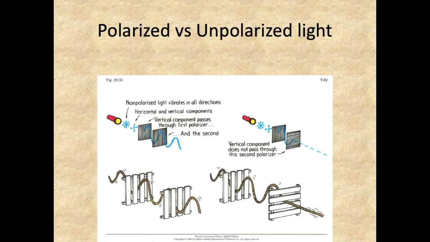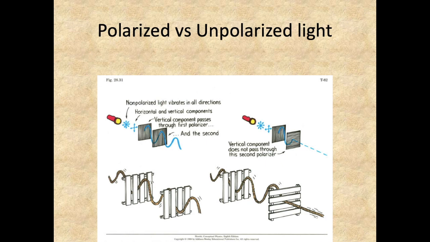The first thing we need to understand is the difference between polarized and unpolarized light. We have an image given here to show how unpolarized light is modeled. Remember that electromagnetic waves are oscillations of the electric field vector.